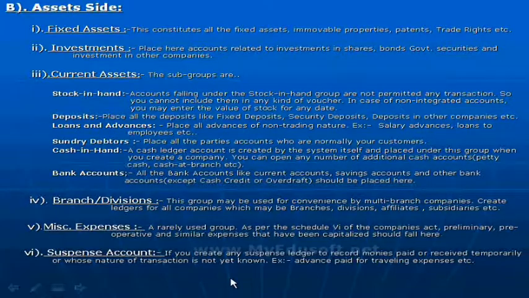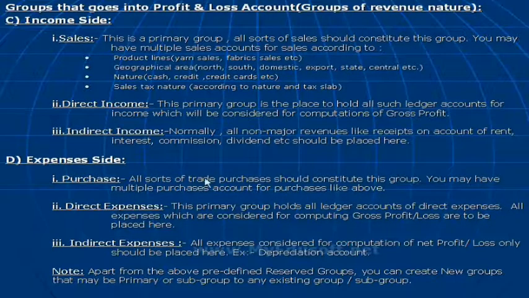And next one is revenue groups that go into the profit and loss account. On the income side, first one is sales. It is the primary group. All sorts of sales should constitute this group.